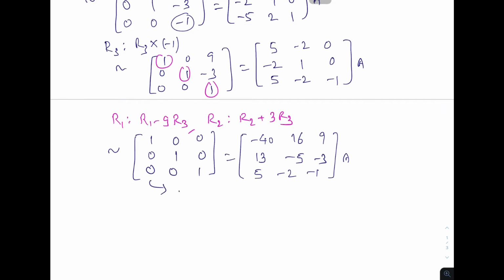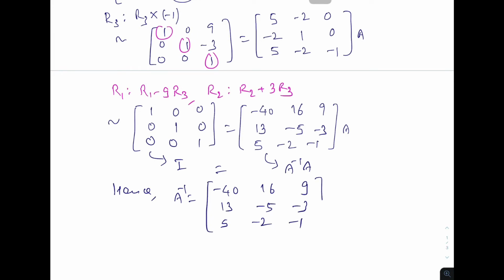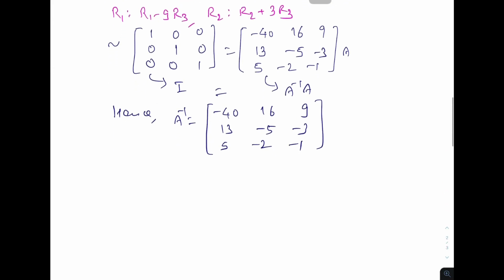Now we can see that this is identity matrix, and so this is nothing but the inverse. So we have I3 equal to A inverse A, and hence A inverse equal to minus 40, 16, 9, 13, minus 5, minus 3, 5, minus 2, minus 1.